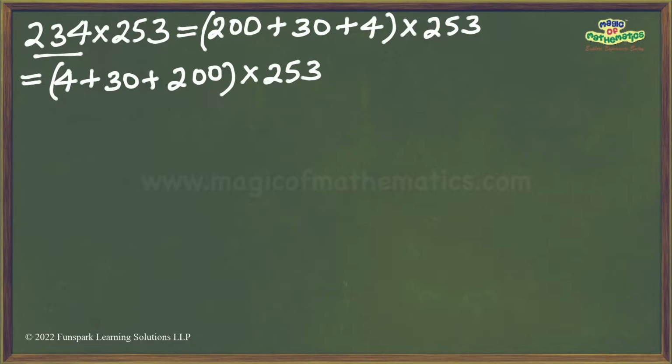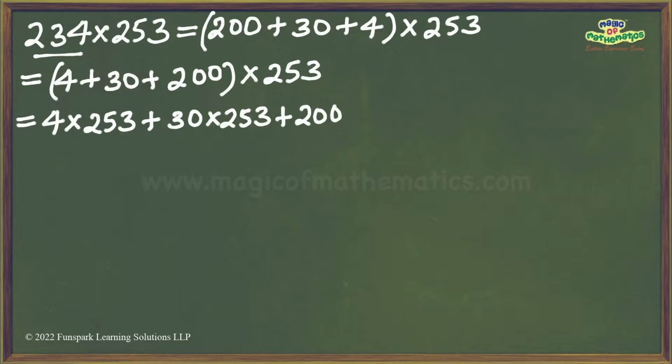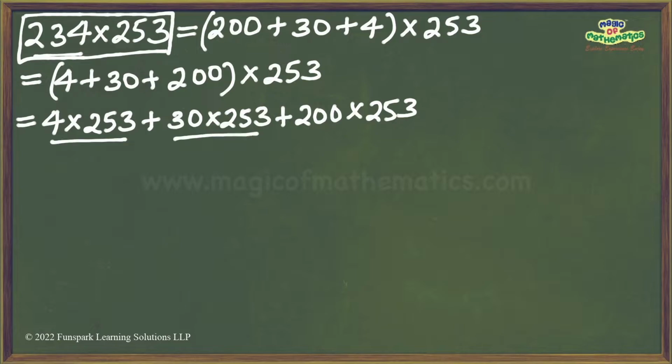Multiplication distributes over addition. So I can write this as 4 times 253 plus 30 times 253 plus 200 times 253. Which means to find out the answer to this multiplication, I need to do these 3 multiplications and add the results to get the final answer.